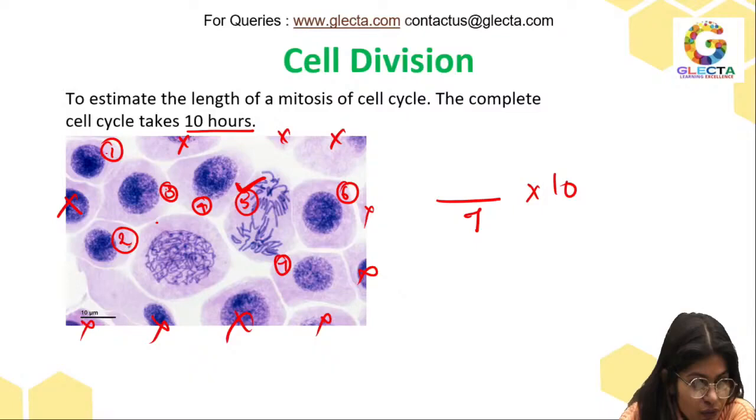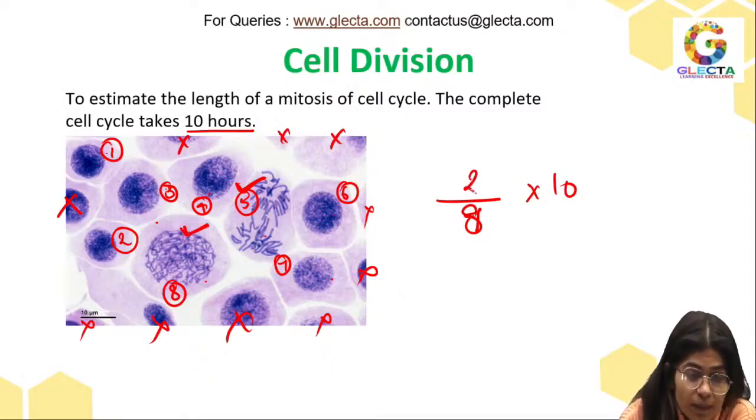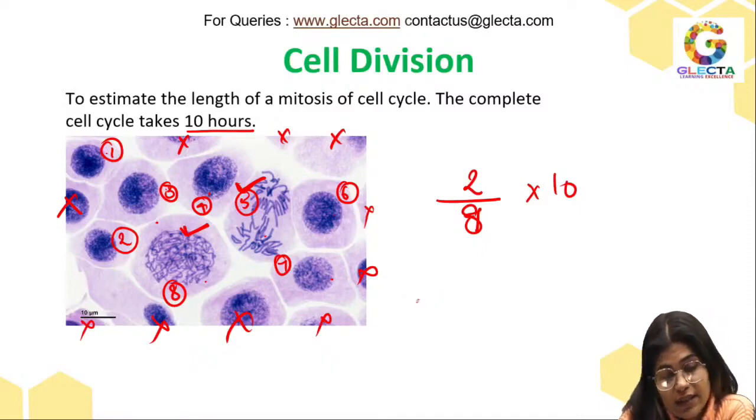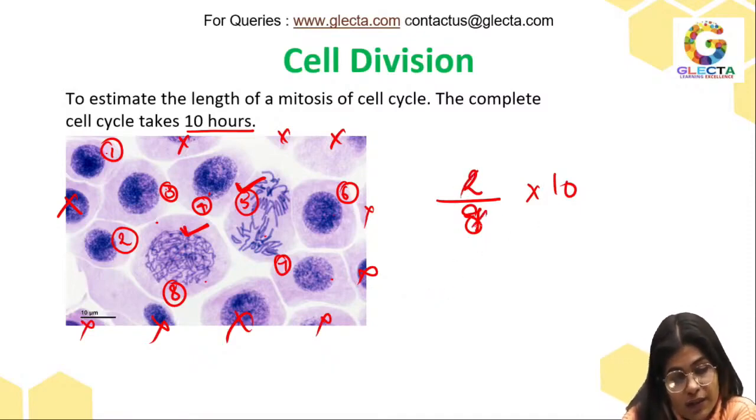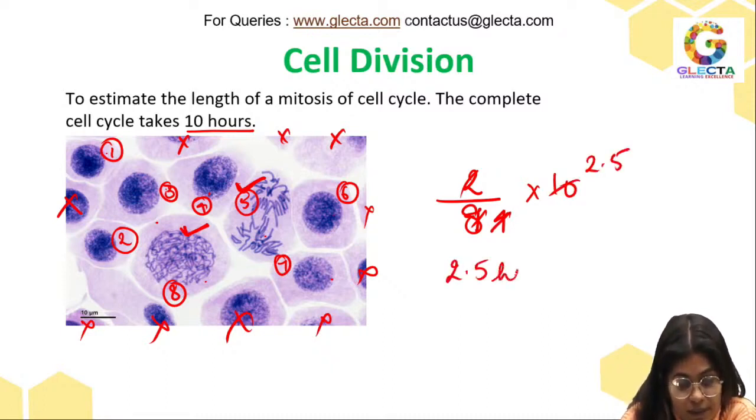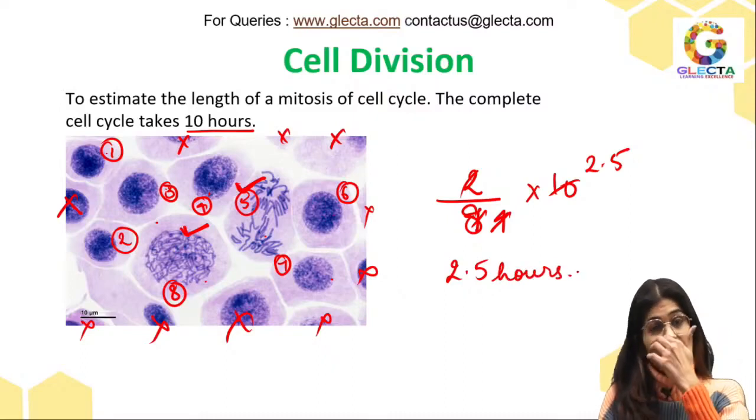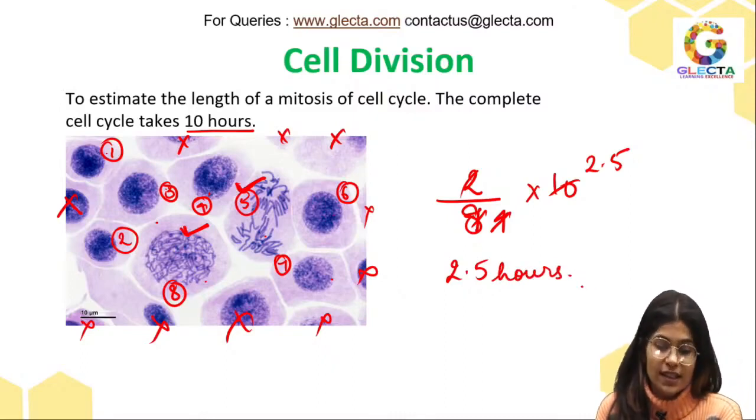Okay, 1, 2, 3. So there's actually 8: 4, 5, 6, 7, 8. So I have like 8 cells. Out of these 8, 1, 2 are in cell division. So 2. If you solve this, what are you going to get? So like 2.5 hours. Did you guys get the same answer? I hope you guys did.